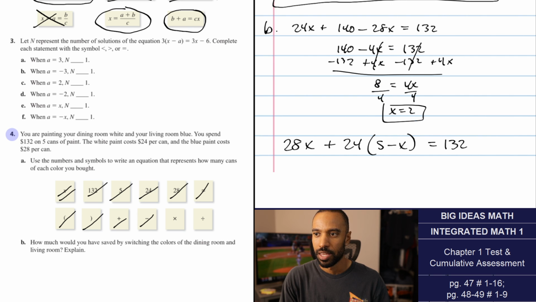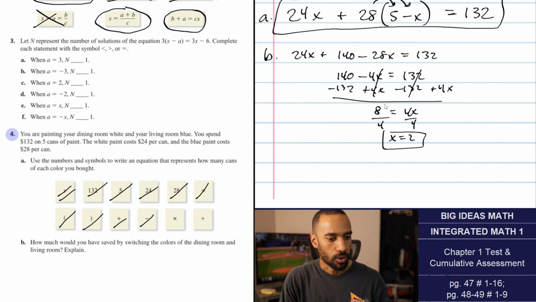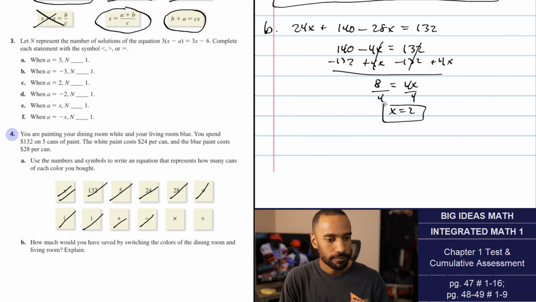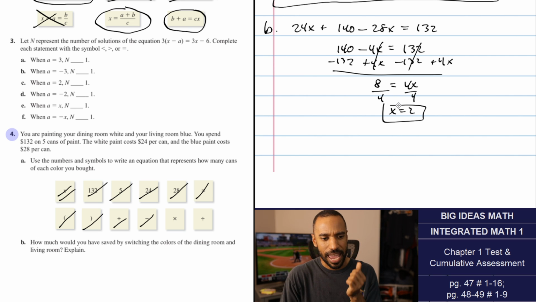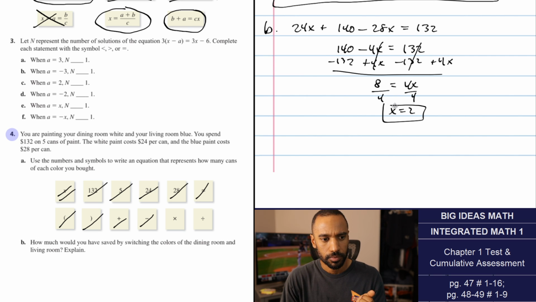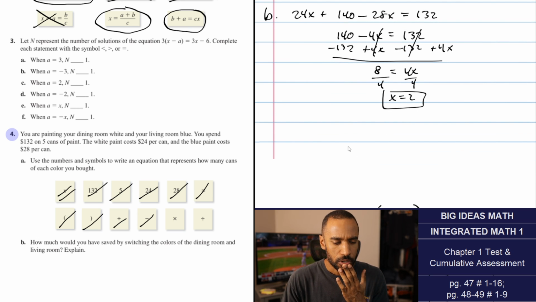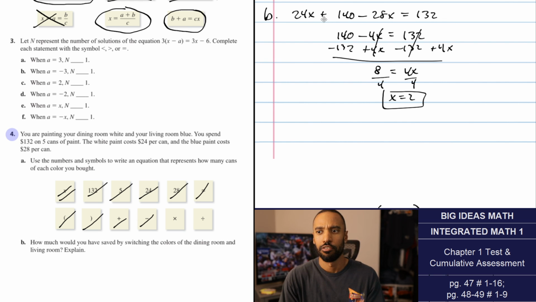Okay, we're not done on the problem, by the way, though, but I'm going to get X equals 2 for the first set there. Now, as I keep moving this down, remember, each white can, wait, hold on. How much would you have saved? I'm trying to think, because this is the number of cans. I don't think that, oh, but this swaps dollars. You're still spending 132 though, right? So I got to think about how that's working itself out for this.